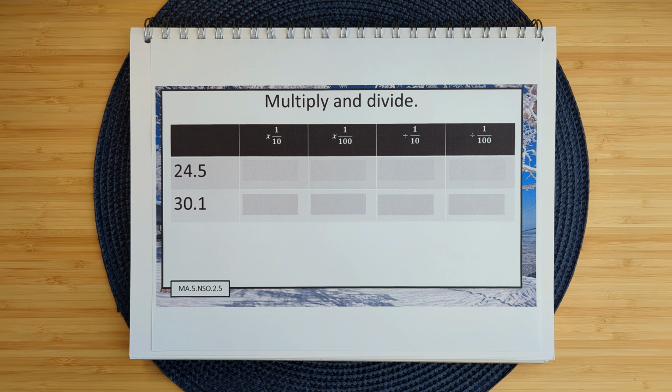All right, question 10, final question. Multiply and divide 24 and 5/10, 30 and 1/10 by times 1/10, times 100th, divided by 1/10, divided by 100th.